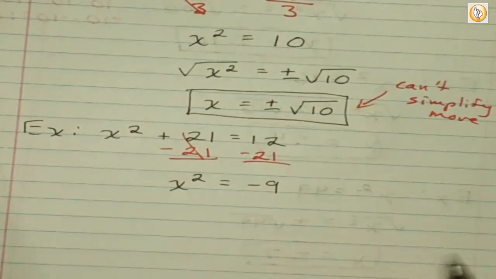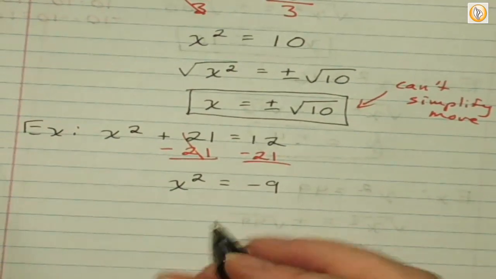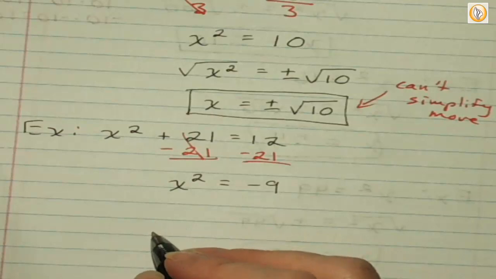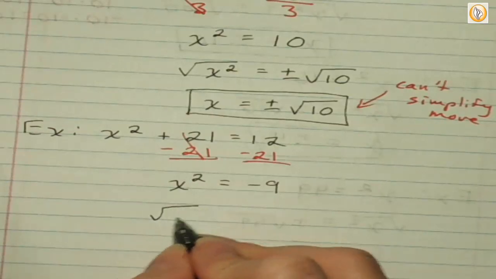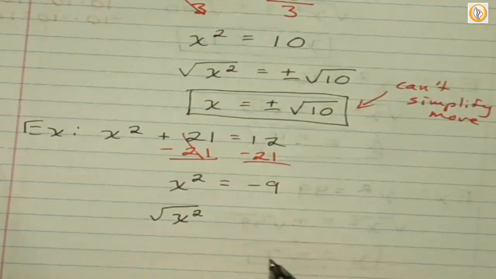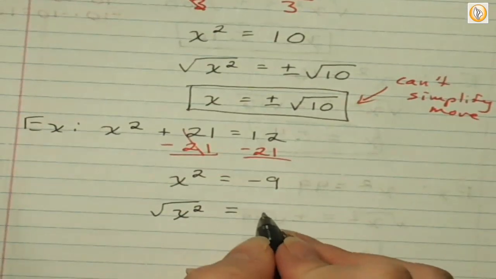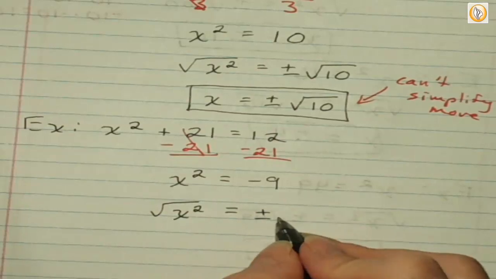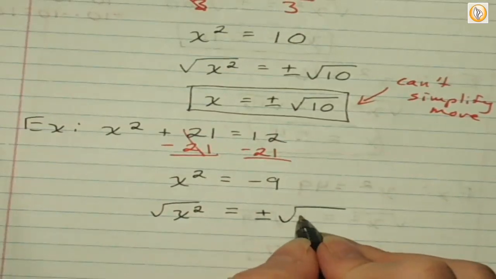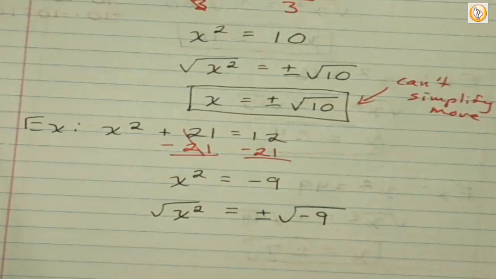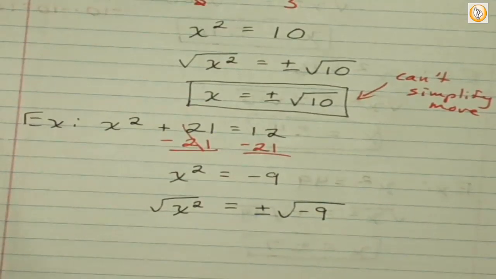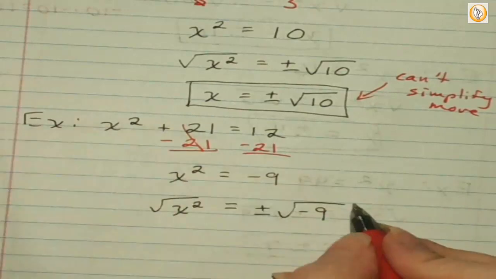All right, now what do you do? Then you do the radical sign for each side. So you get the square root of x squared equals plus or minus, and then you square root. Okay, now, Kelly, think back to 11.1. There's no solution because the negative is inside the radical sign.